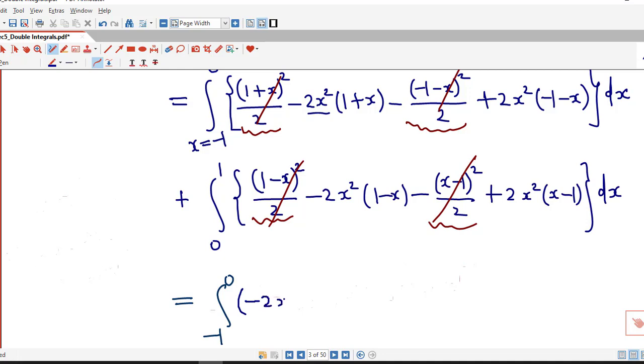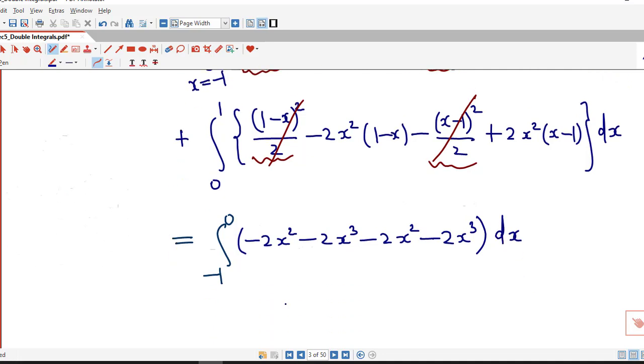So this is going to be minus 2x square minus 2x cube, minus 2x square into 1 minus 2x square into x, which is minus 2x cube. Here 2x square into minus 1, that is minus 2x square, and minus 2x cube. And then we have to integrate with respect to x.